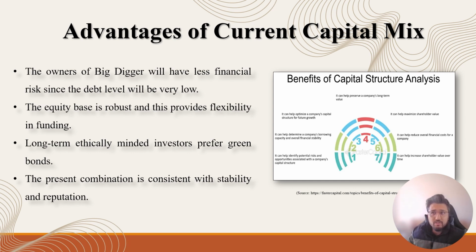So in short, low debt is equal to low financial risk, a strong equity base is equal to flexible funding, and green bonds show good reputation and trust. So let's go to the next slide.